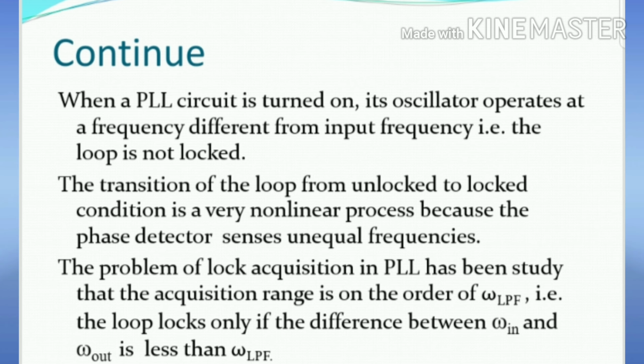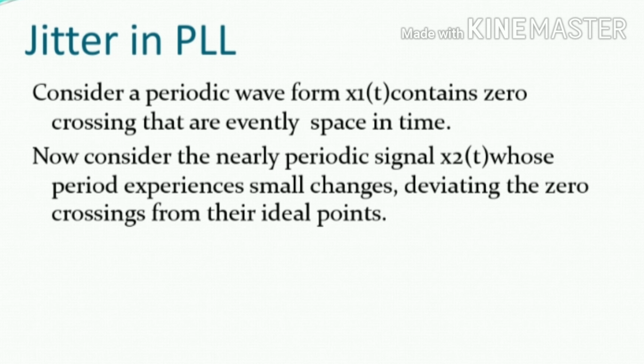The loop locks only if the difference between omega in and omega out is less than omega LPF. Jitter in PLL: consider a periodic waveform x1(t), which contains zero crossings that are equally spaced in time. Now consider the near periodic signal x2(t), whose period experiences small changes, deviating the zero crossings from their ideal points.